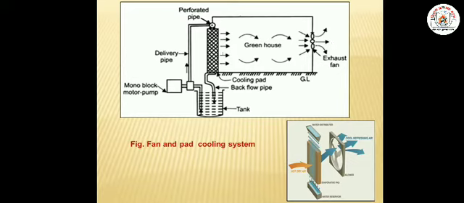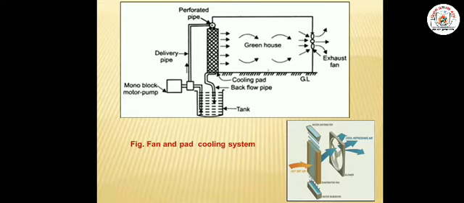What happens when the air moves through that cooling pad into the greenhouse? Fine water particles are carried by the air along with it, and that moist air enters into the greenhouse structure.